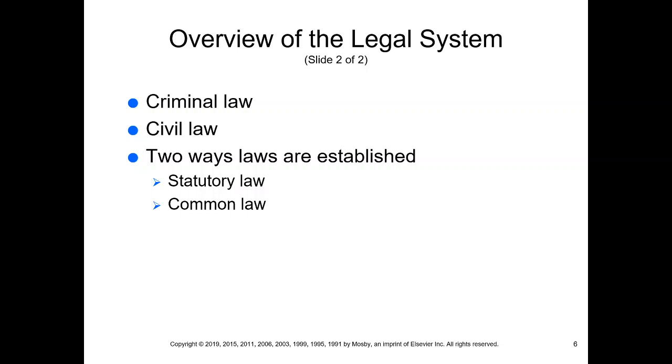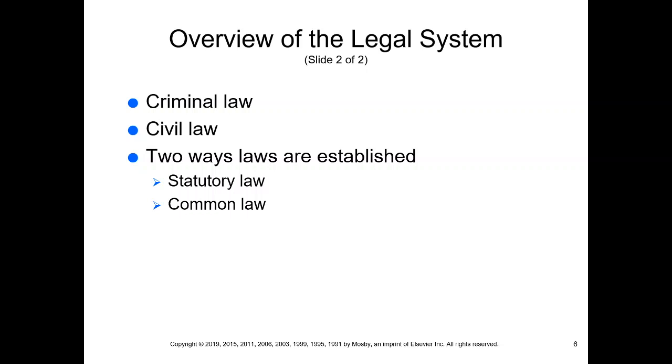Where civil law is different, that is matters to be determined on accountability rather than guilt or innocence. Usually this is monetary settlements assigned based on the type of liability assessed. Civil law and criminal law are established in one of two ways.